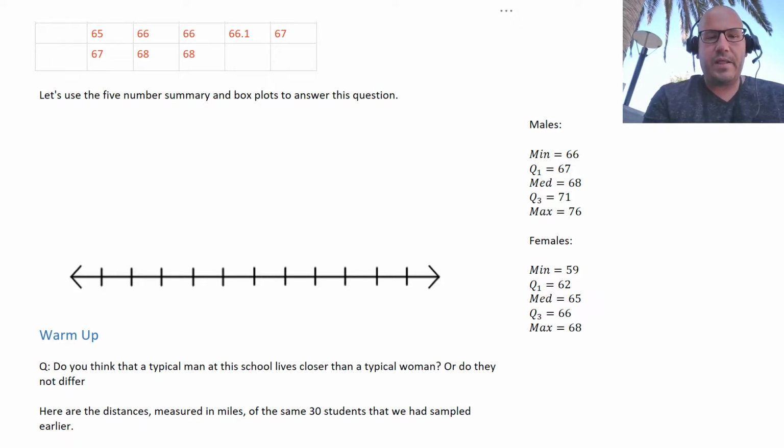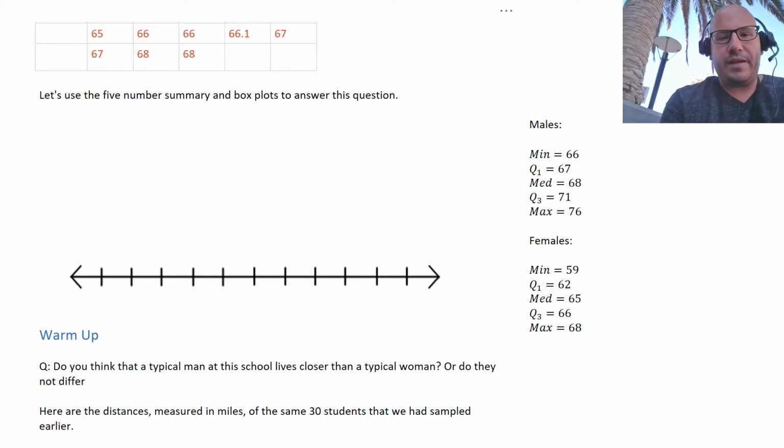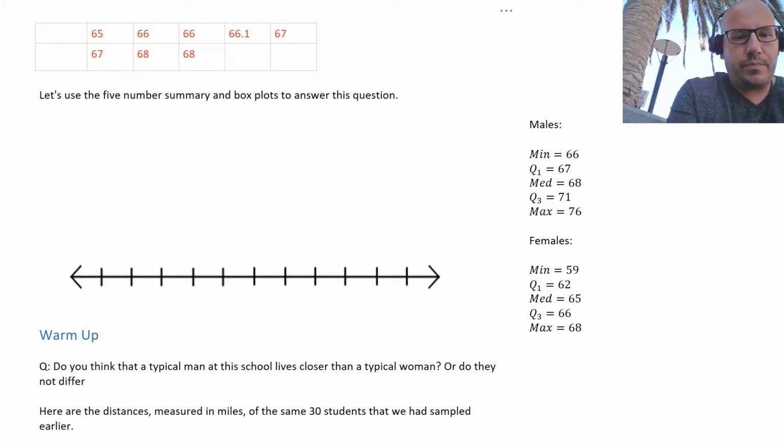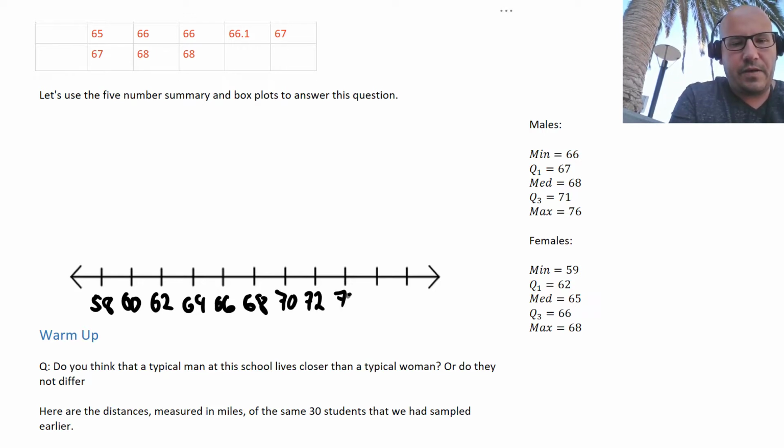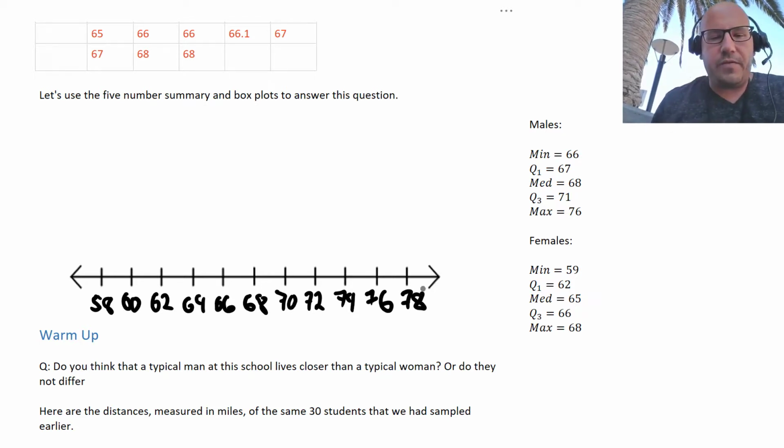Over here I have about 11 tick marks, so I think I can go by 2s and still make it. Start at 58, go to 60, 62, 64, 66, 68, 70, 72, 74, 76, and 78. You might have to try this a few different times to get the right scale, but it's very important to have at least a consistent scale.